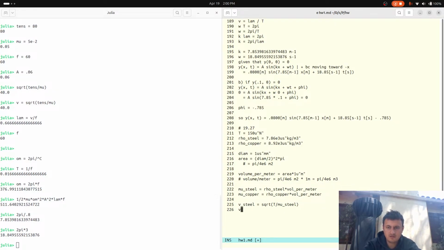And V copper is the square root of T over mu copper.